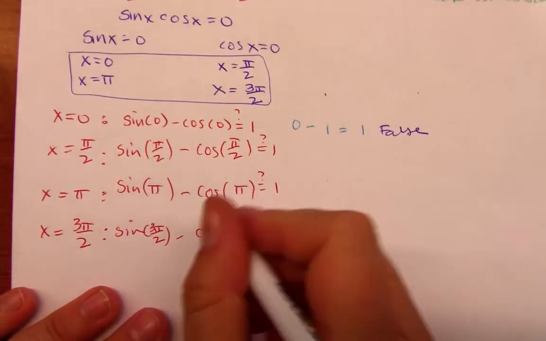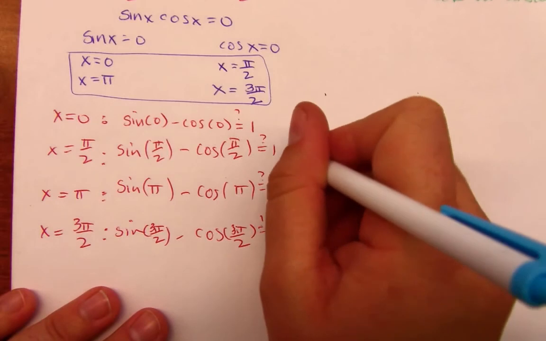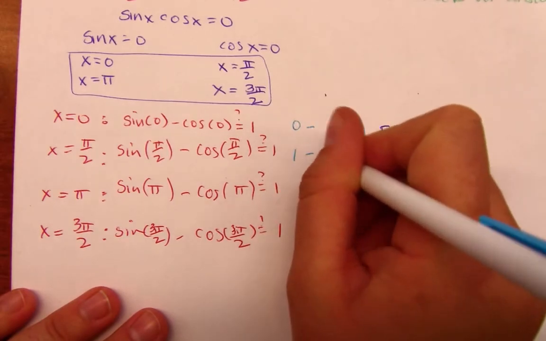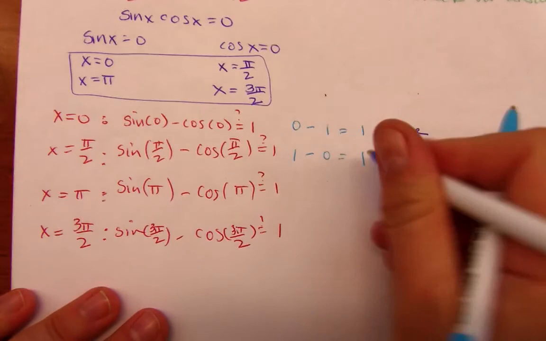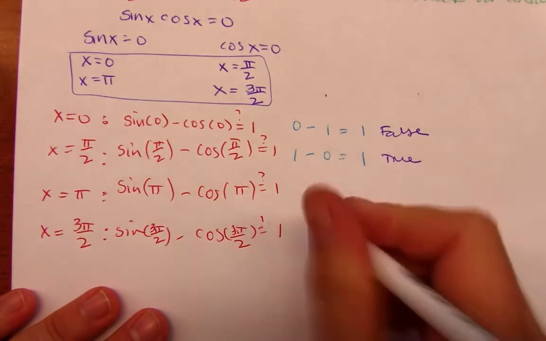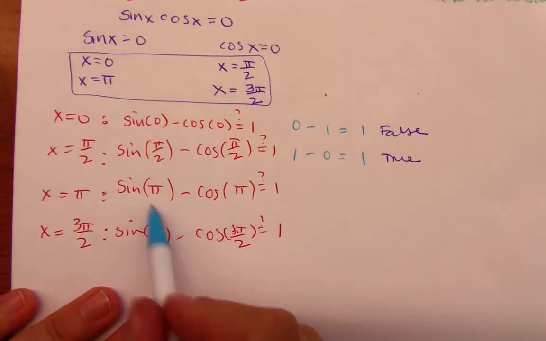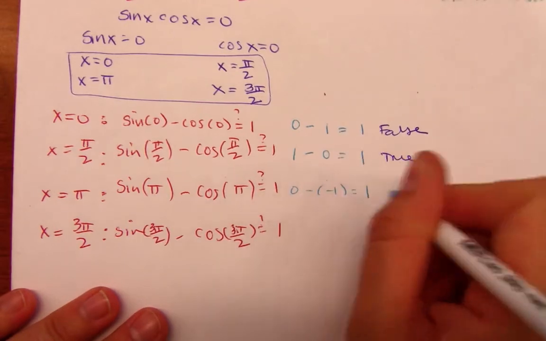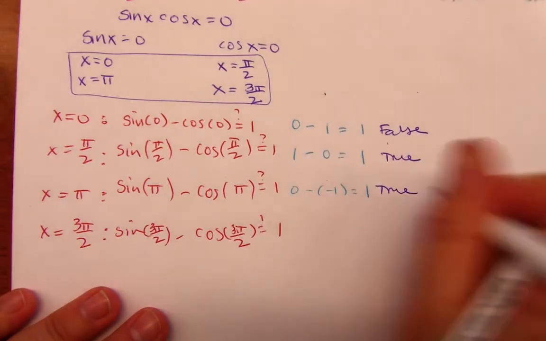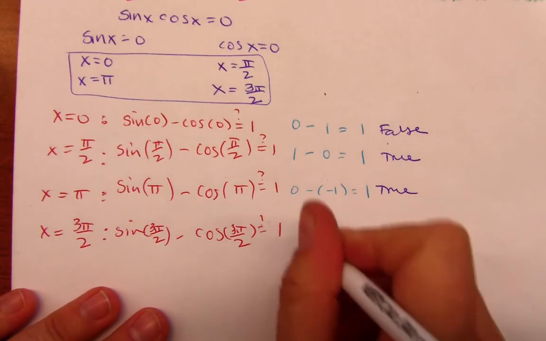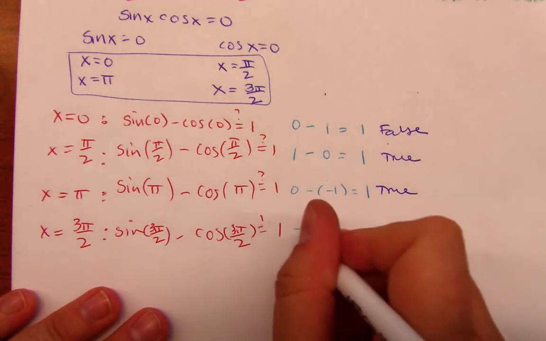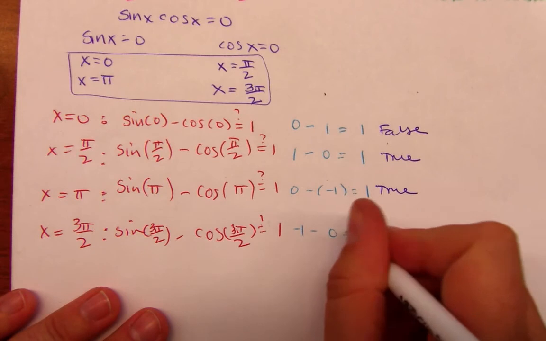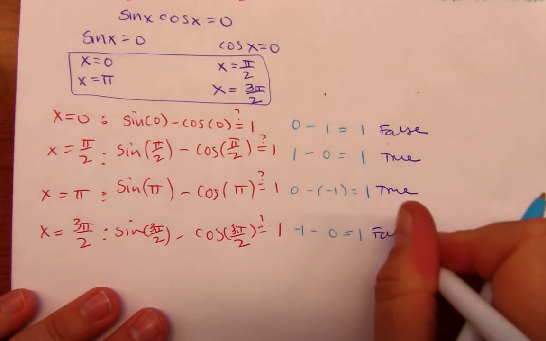Here, sine of pi over 2 is 1, minus cosine of pi over 2 is 0, and that equals 1, and that is true. And then here we have sine of pi, which is 0, minus negative 1 is 1, and that's true. And sine of 3 pi over 2 is negative 1 minus 0 equals 1, and that's false.